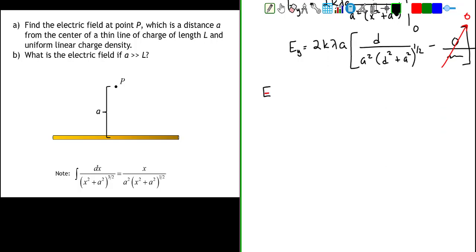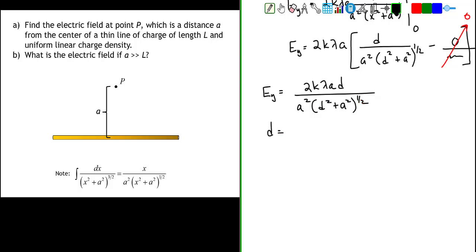So what we have then is 2k lambda a d over a squared times d squared plus a squared to the 1/2.